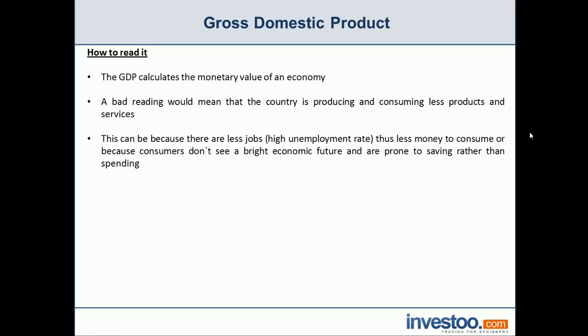Or it can be because consumers don't see a bright economic future and are prone to save money rather than spending it. Okay, now there's a lot of theory going on behind the GDP, but what we need to understand is that a higher than expected reading is good for the currency, and a worse than expected reading is bad for the currency.